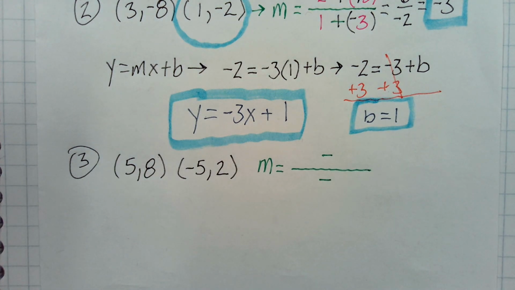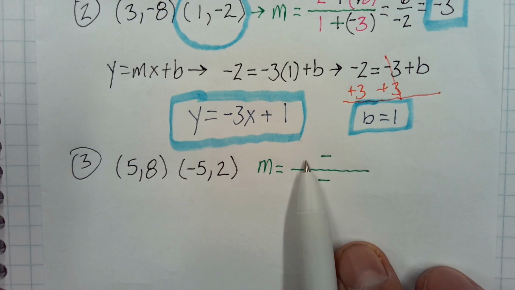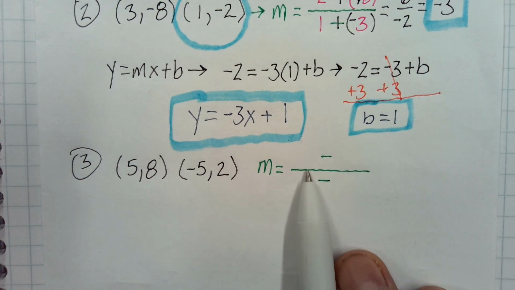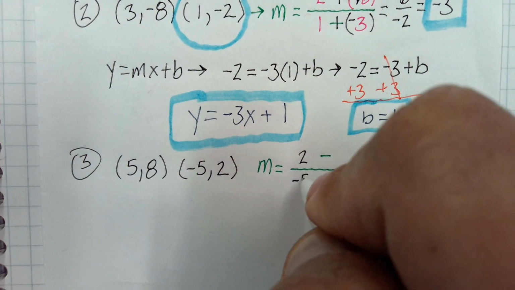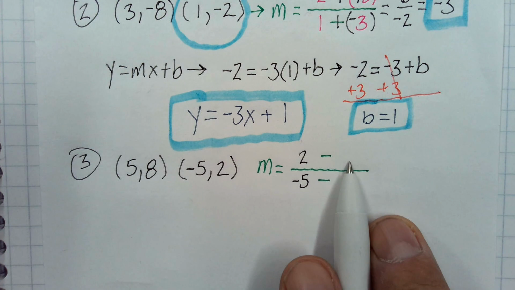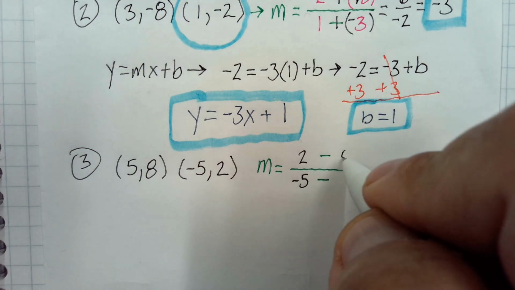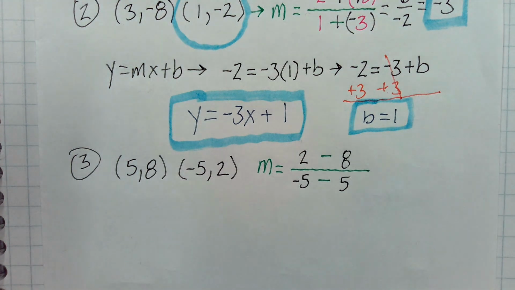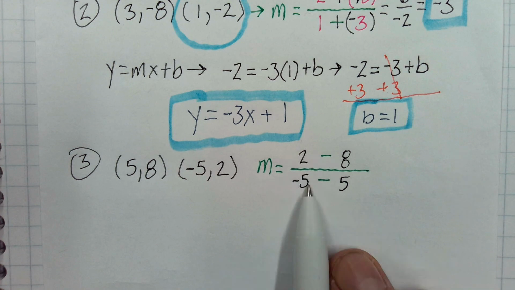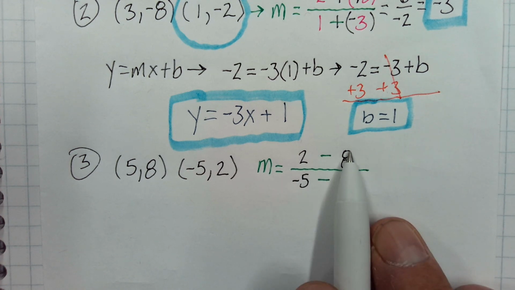All right, so let's see here. What numbers would go in this first slot here? 2 and -5. 2 here, -5 there. So then 8 would go here. So we have 2, -5, and 8, 5.